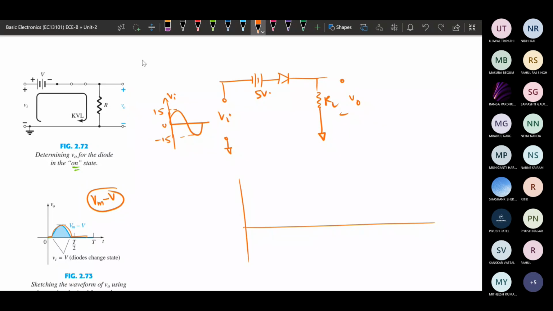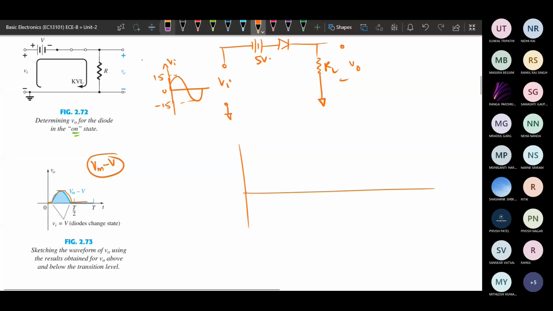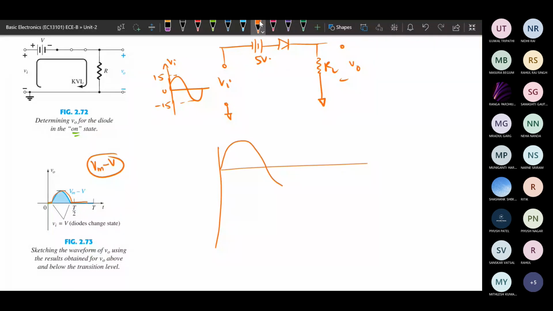To draw that, with respect to whatever input voltage is there, we will draw the output. Suppose this is the input voltage, 15 volt, and this is minus 15 volt.